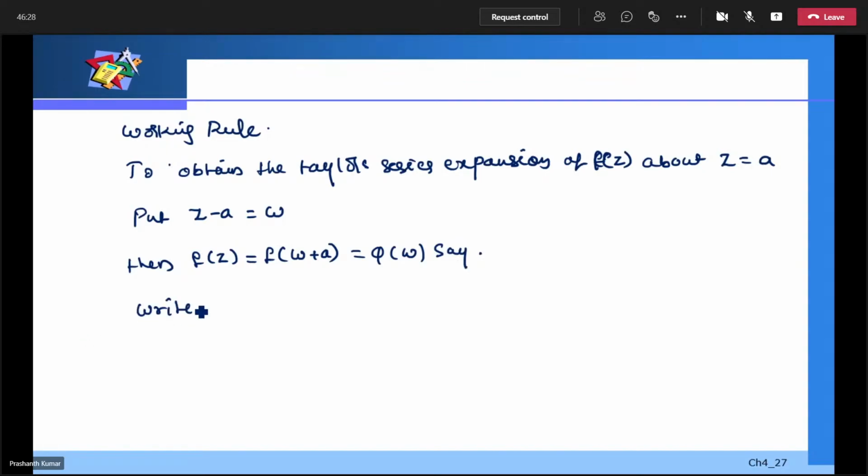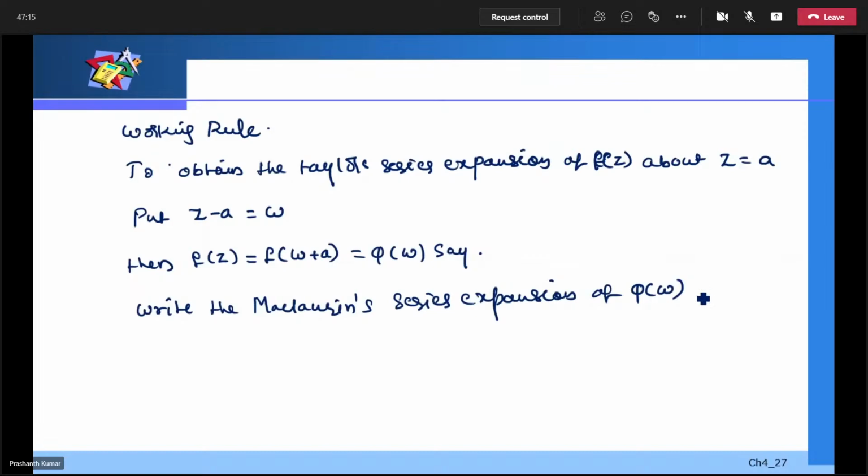Next, write the Maclaurin's series expansion of phi of w by using standard expansion.